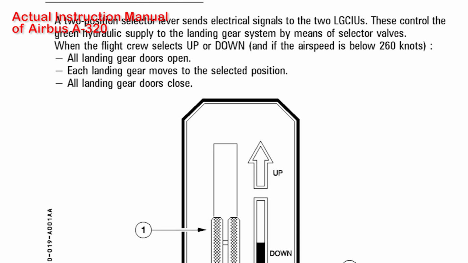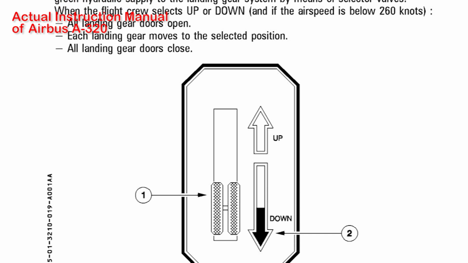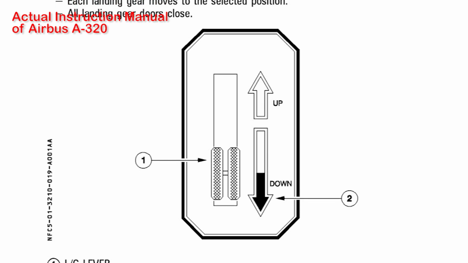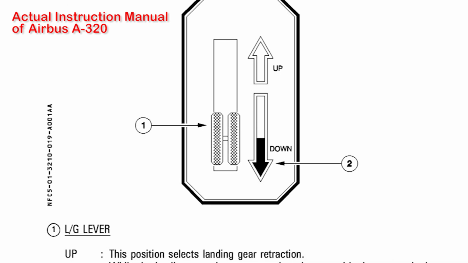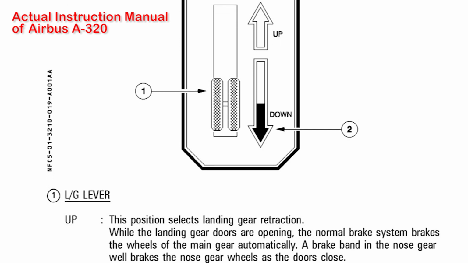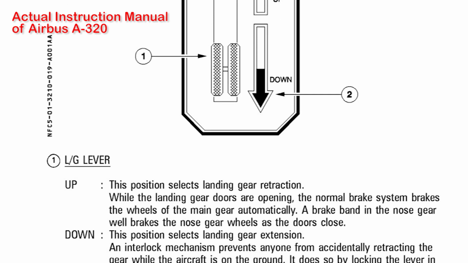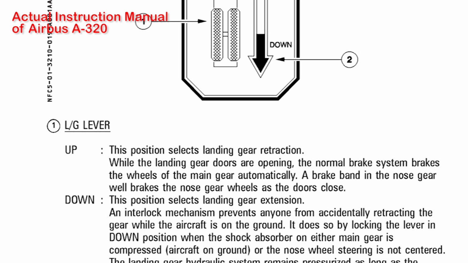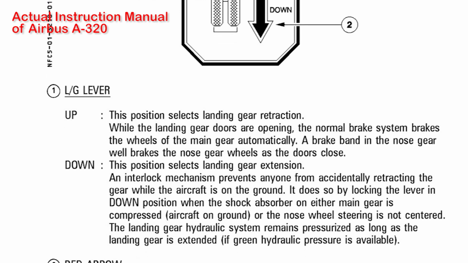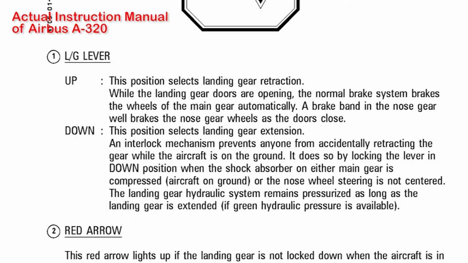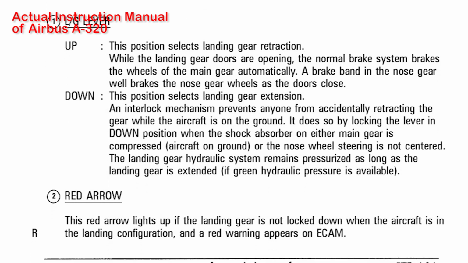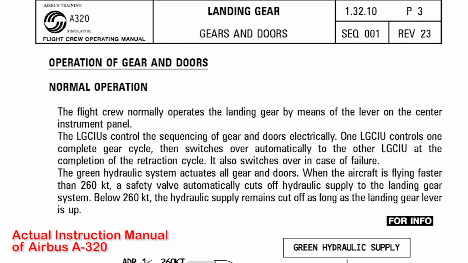If you pull it down, there is an arrow with red illumination which shows that the landing gear is down. So when you pull down this switch, the undercarriage wheels open up, allowing the aircraft to land, and the red arrow lights up.